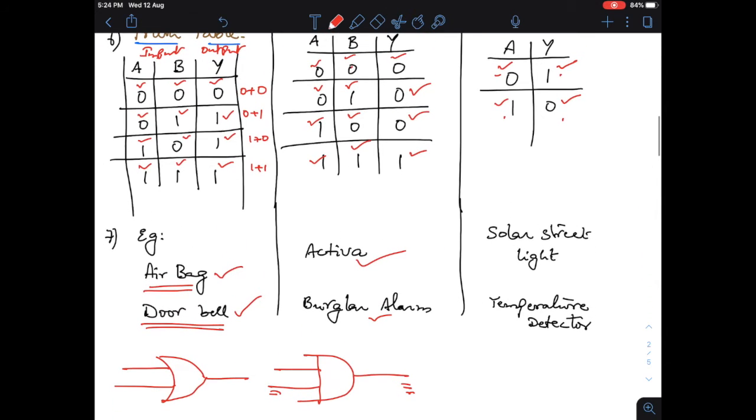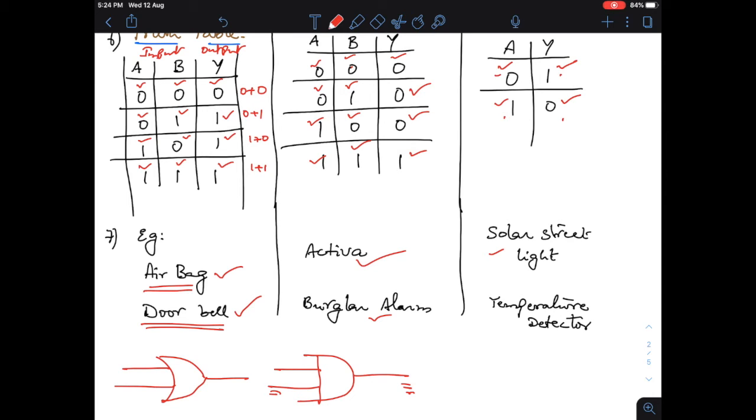Examples: solar street light. For example, during the daytime, in a solar street light, you have sunlight falling on it, therefore the light will be off. So input is sunlight, output is the street light, which is off.